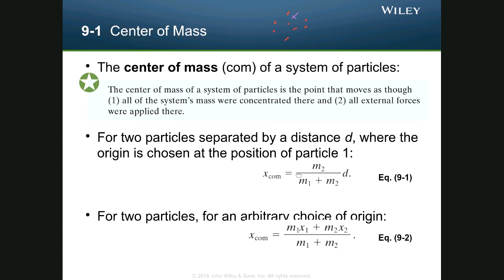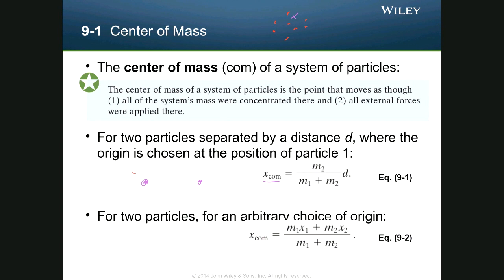So we'll, of course, start off with two particles and make our lives easy. You're going to notice that we're looking for a position, right? So sometimes it helps to put a particle. So if we have two particles, where we put the origin matters.